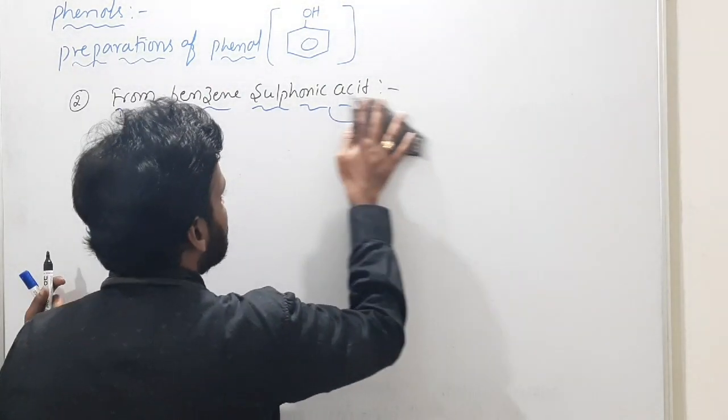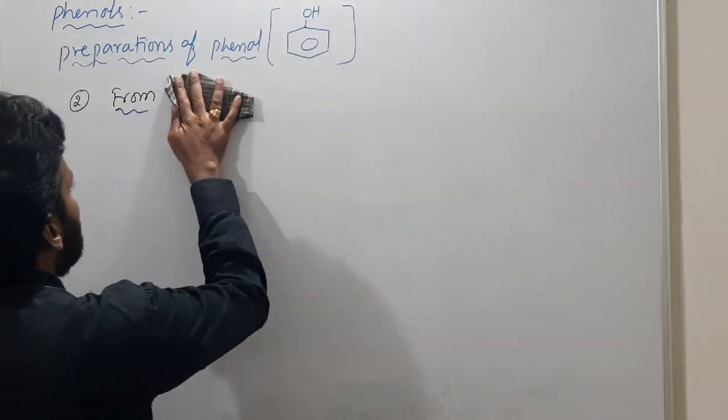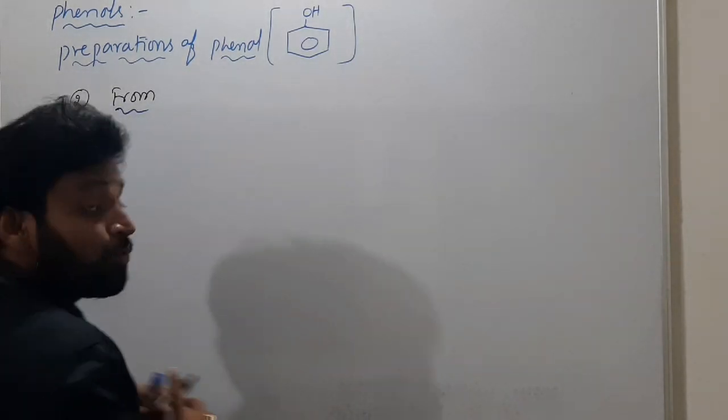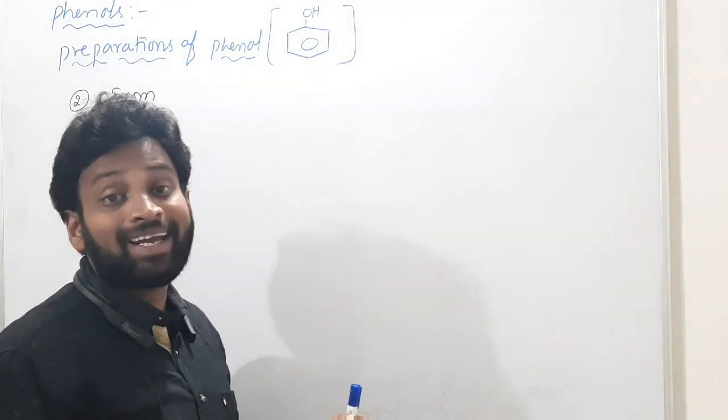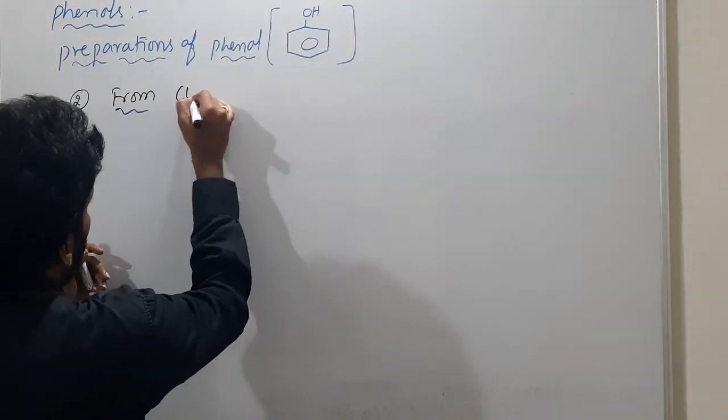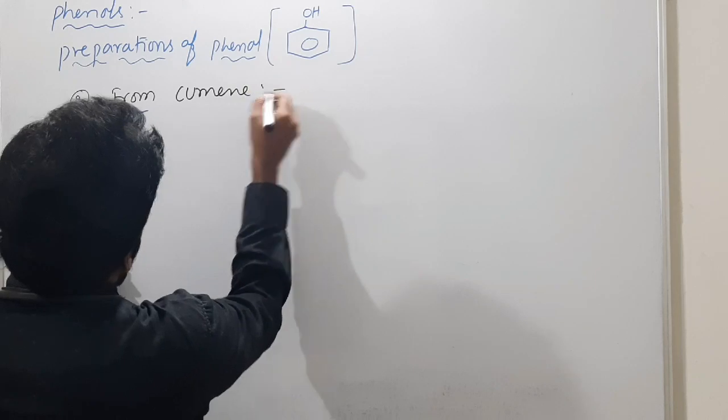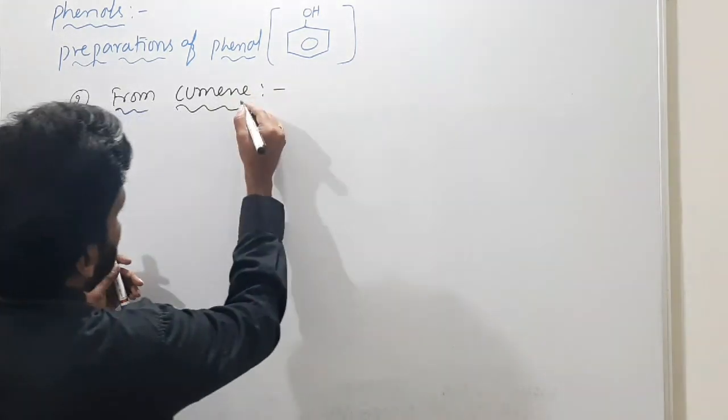Next, from cumene. From cumene. Cumene is called isopropyl benzene.